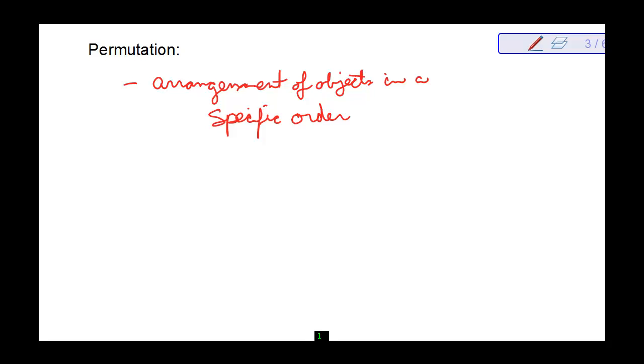Permutations, we're taking so many items from a group of items. Order is going to matter, or we're going to look at with replacement. We're putting things back. So permutations, order matters, and this is with replacement.